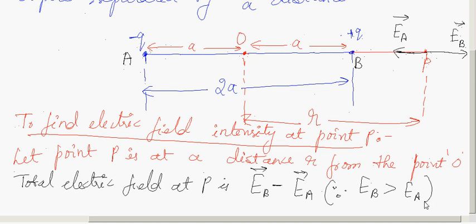Plus q is nearer to P, so its field is greater than the field due to minus q.